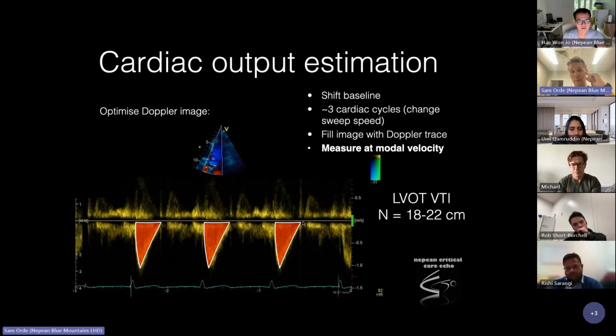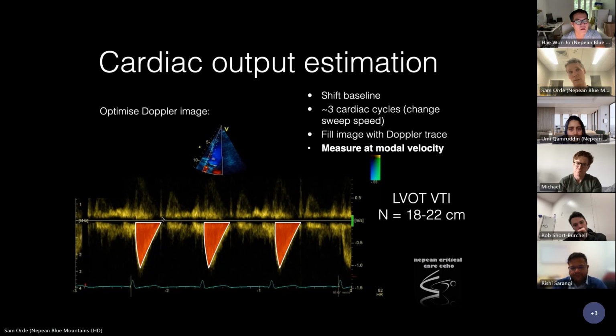I could probably get a better picture of this, to be honest. Normally a closing click is a little bit better seen than that, but you get the idea. So there should be a closing click. You don't want to see an opening click. You don't want there to be any clicks. You just want to see a closing click, because that tells you you're measuring your VTI, which is the area underneath the curve, in the same place where you're measuring your LVOT diameter.